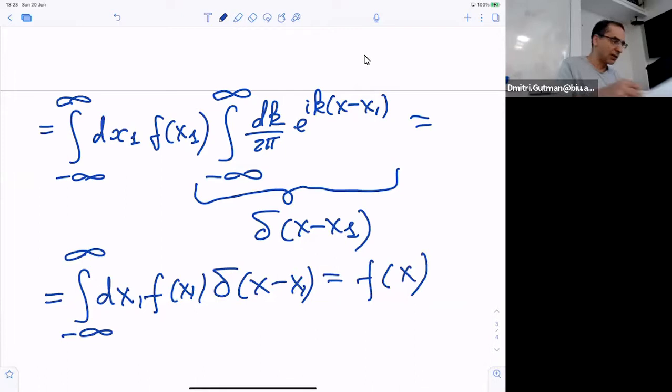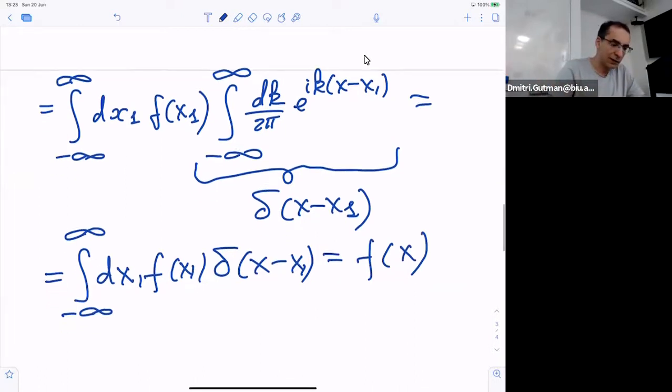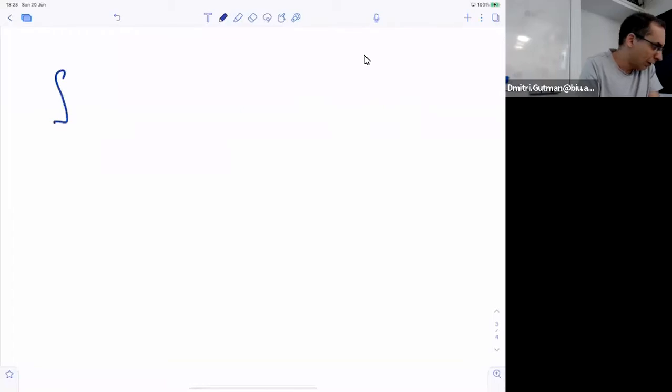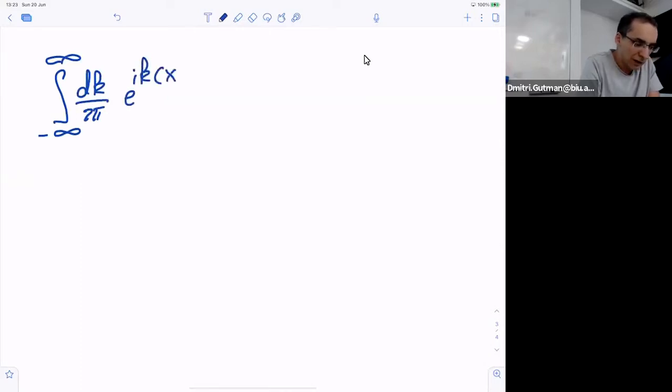And now let's see why this is a Dirac delta function slightly more carefully. So let's explore the integral from minus infinity to infinity dk over 2π e^{ik(x − x1)}. Let's see how we understand this integral.